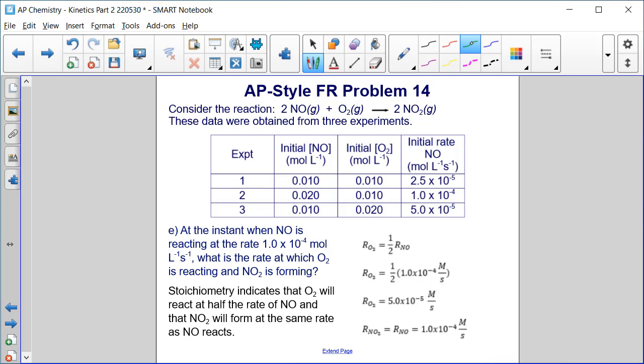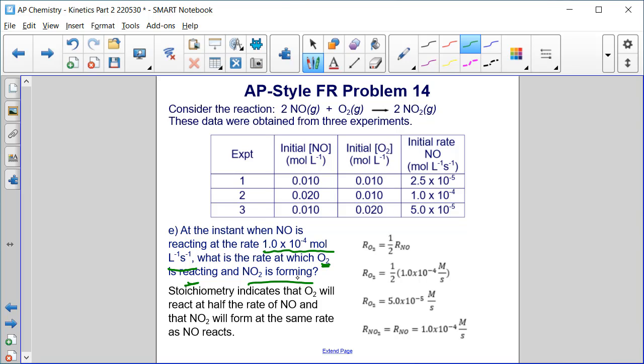So in part E, we're told at the instant when NO is reacting at the rate of 1 times 10 to the minus 4 molarity per second, what is the rate that O2 is reacting and what is the rate that NO2 is forming?